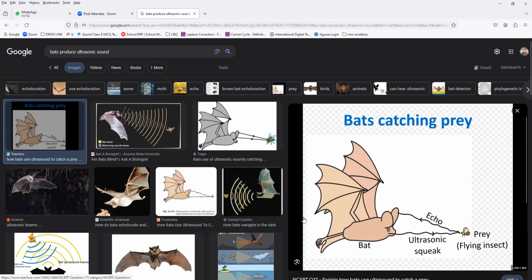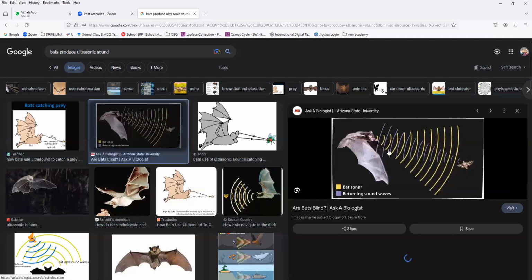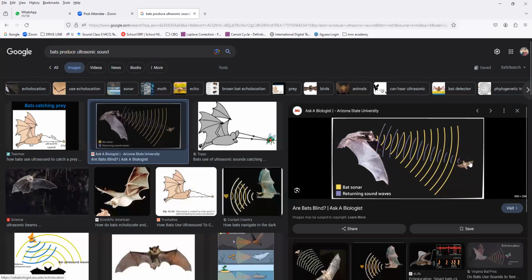If there is any prey or insect in its way, then these waves reflect back on striking the prey. It keeps flying while producing the sounds. Whenever it hears the sound back, it understands that the prey is near.